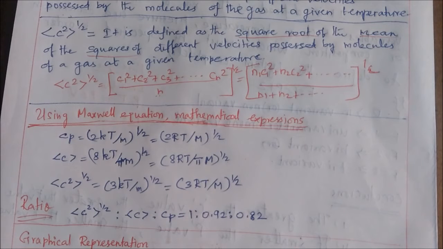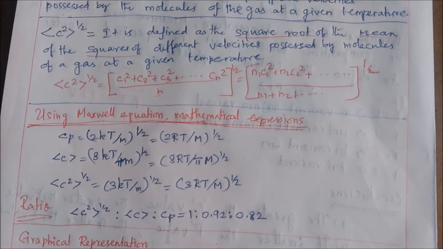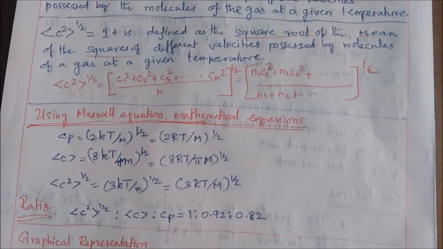Now, what is the formula to find out average velocity, root mean square velocity, and most probable velocity? Using Maxwell's equation. We should know Maxwell's equation. It is 4 pi into (m divided by 2 pi kT) whole power 3 by 2 into c square exponential of minus mc square divided by 2kT into dc.